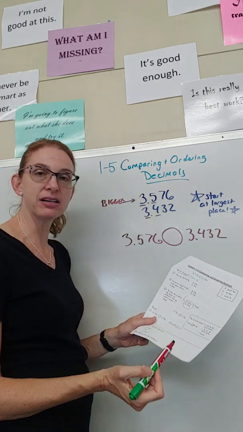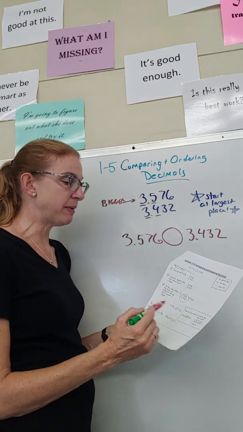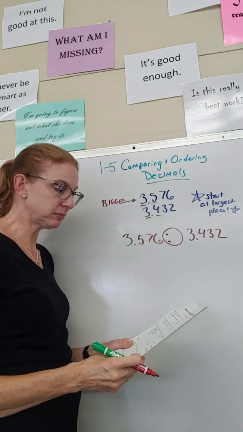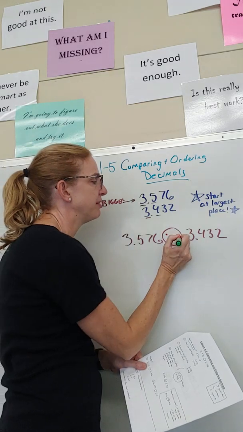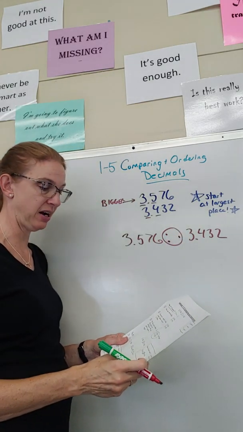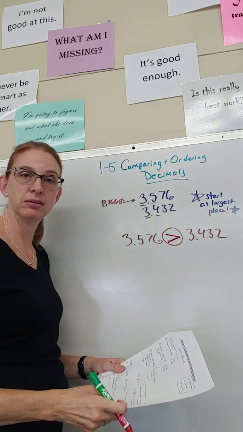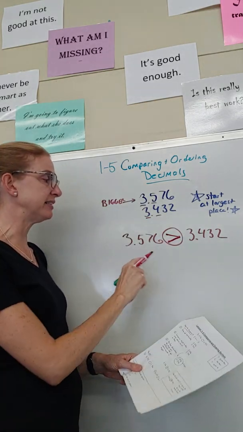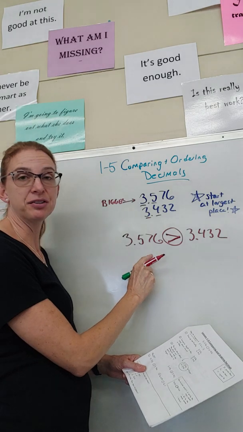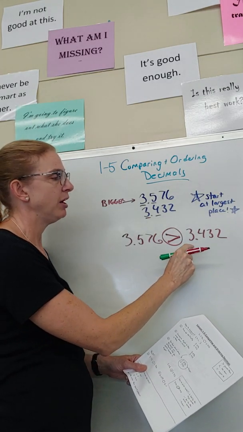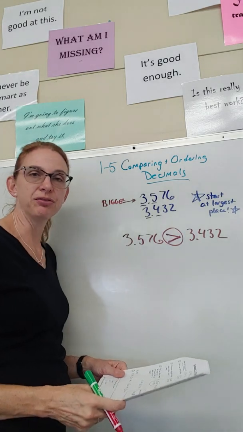It says it right here in a box off to the side. Two dots by the larger number. So this number's larger, so I'm going to put two dots there. And one dot by the smaller number. This number is smaller, so I'm going to put one dot there. And then I connect them to make my symbol. Okay? And how would I read this correctly? I would say 3 and 576 thousandths is greater than, that's my greater than symbol, 3 and 432 thousandths.